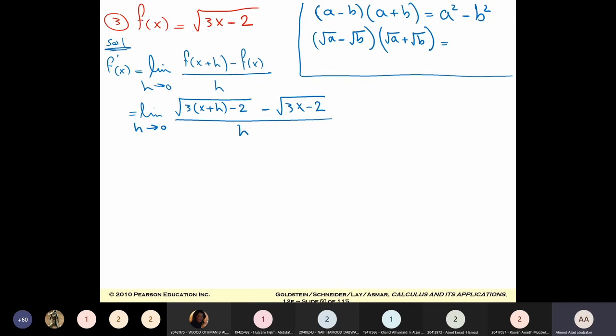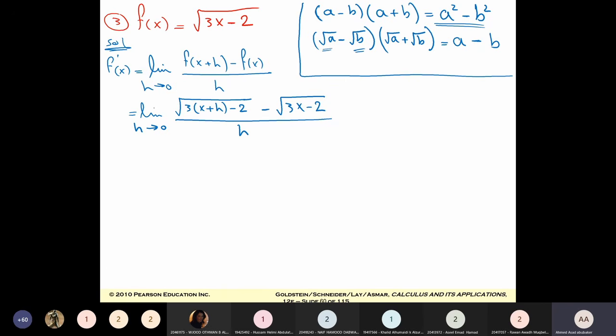This equals the first square, so we have A, and the second square we have B, and between them negative, like this. This is called the conjugate. Conjugate, we have the same terms, but between them positive, not negative.